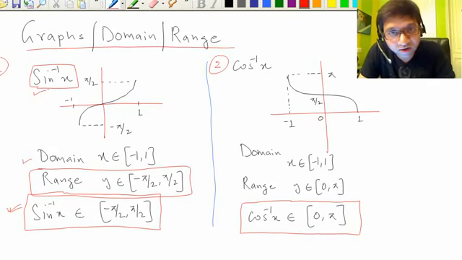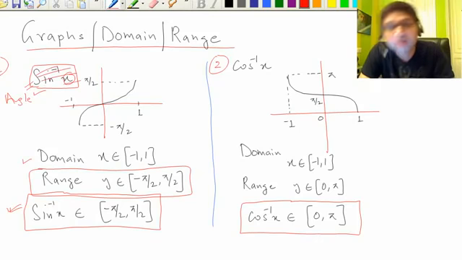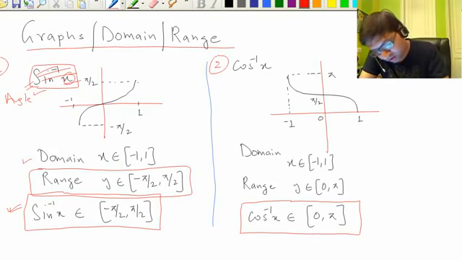We give this function a ratio and it outputs an angle, and that angle is one whose sine is x. So the ratio is inside the sine inverse, and what it outputs is an angle. And this angle lies between minus pi by 2 and pi by 2. This is the shape of sine inverse x.